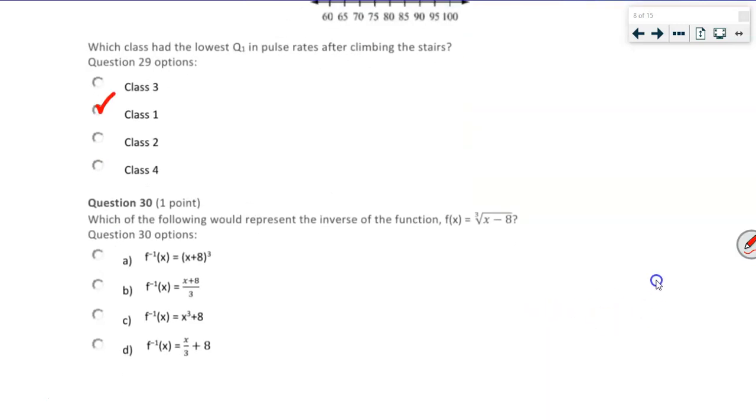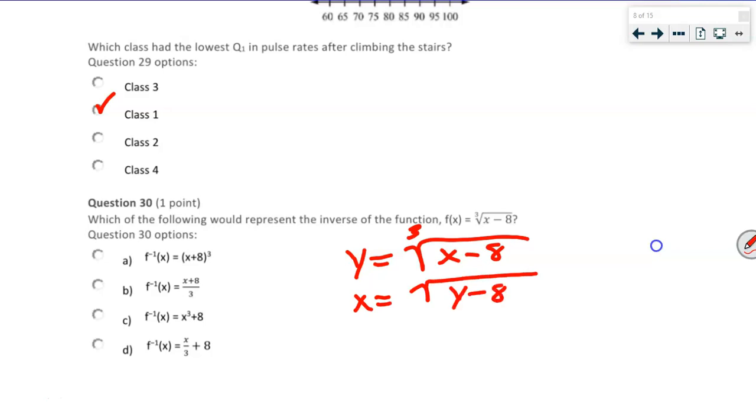This one says, which of the following would represent the inverse of the function f of x equals the cube root of x minus 8? So when we do this, we're going to put y in first for f of x. And then all we're going to do is swap the x and y and solve for y. So we're going to put x in here, and we're going to put y in over here. How do we get rid of a cube root?